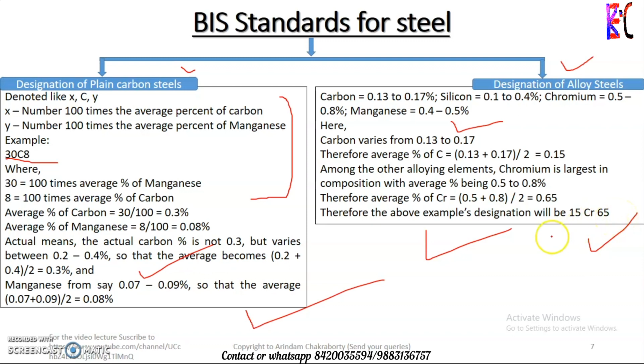What does 15 mean? 15 means the carbon, since it's a steel and will have a percentage of carbon, as you have studied in material science in your previous semesters, and 65 means the chromium amount. Here 30 means the amount of manganese, and 8 means the carbon amount.